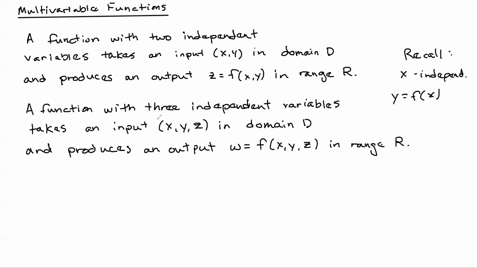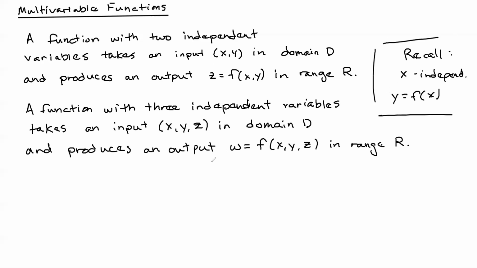Translated to the same structure, it would say a function with one independent variable takes an input x in domain D and produces an output y equals f of x in range R. It would look exactly like this, except with a single x and y equals f of x. So it's the same definition. We haven't changed it. We just have two independent variables and one dependent variable, as opposed to one and one, which is what we have done traditionally.